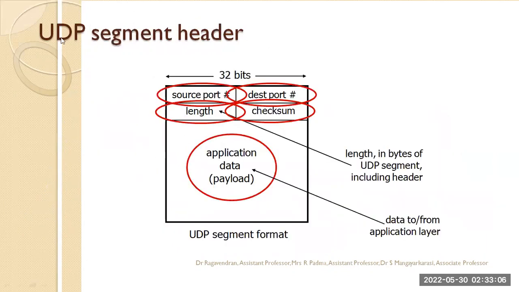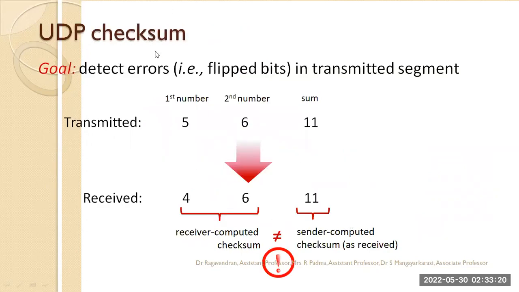So this is the UDP segment header. It has the length in bytes of the UDP segment, including the header, and this is the application data. This is the checksum of UDP. It detects errors introduced when the segment is transmitted.